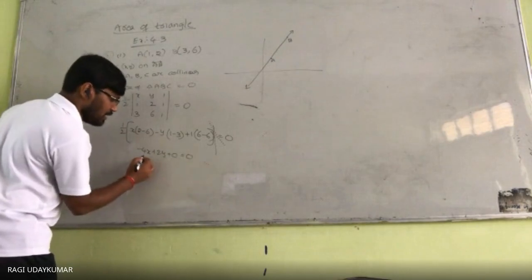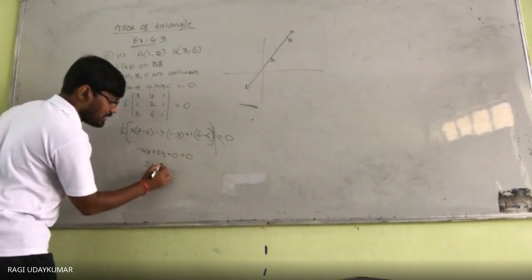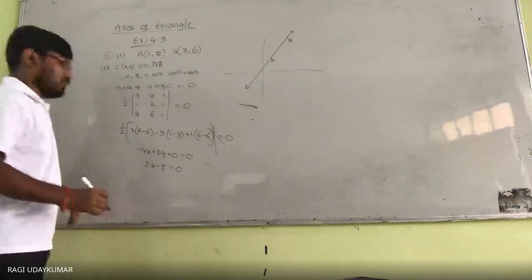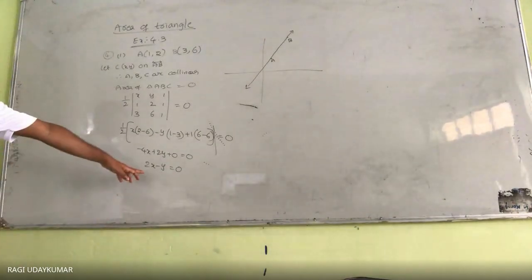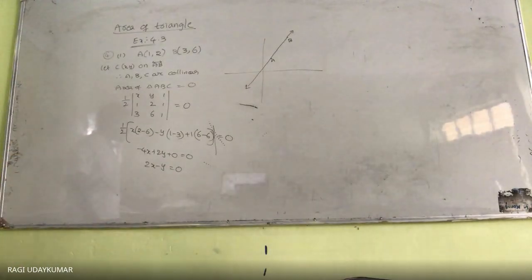So we are going to get 2x minus y is equal to 0, y is equal to 2x. y is equal to 2x came.